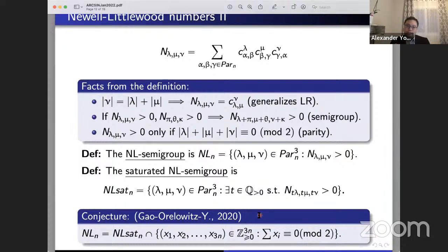And we have a conjecture that would be the Knutson-Tao theorem if it were proved: it's not quite true that NL is the lattice points of this thing, but it is if you add the parity constraint. So this is the only thing that is a barrier to equality.